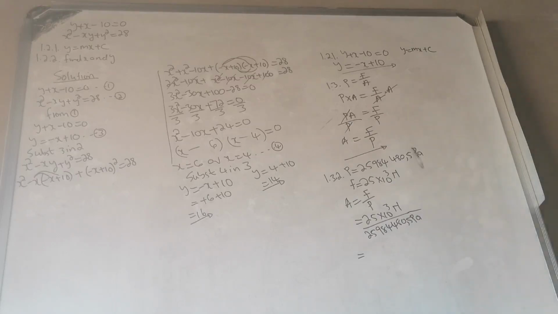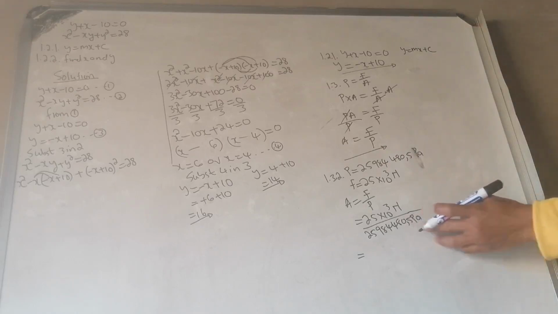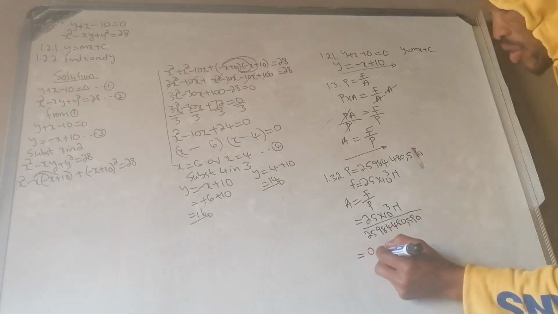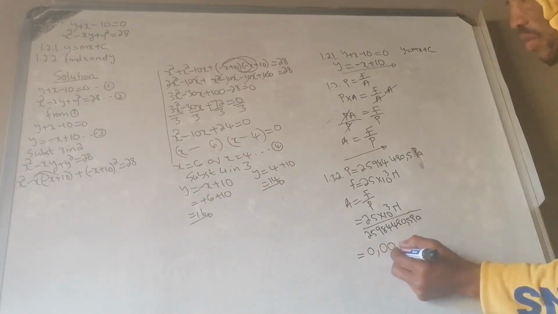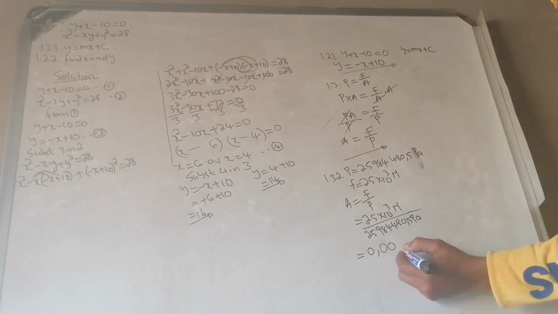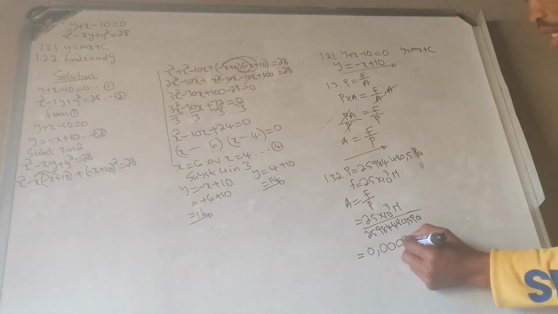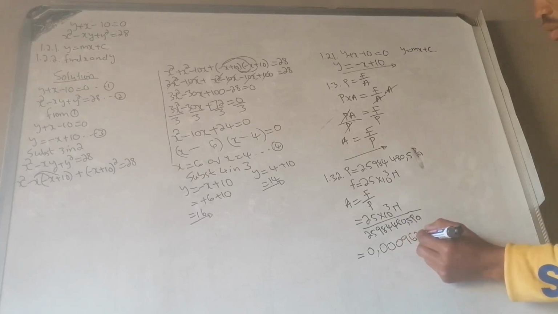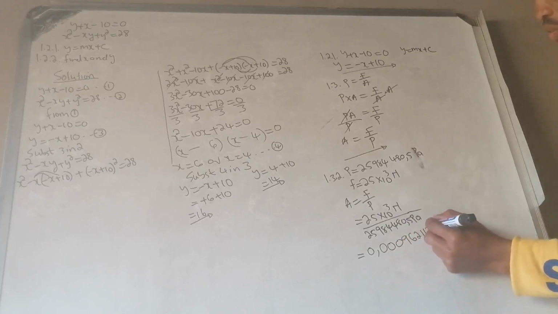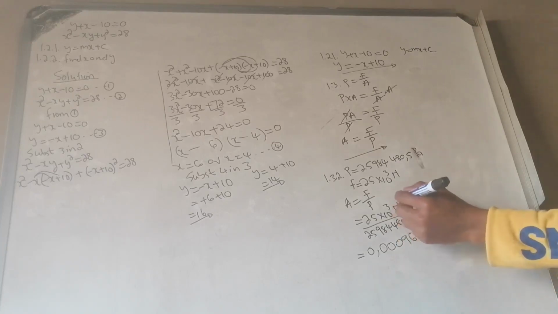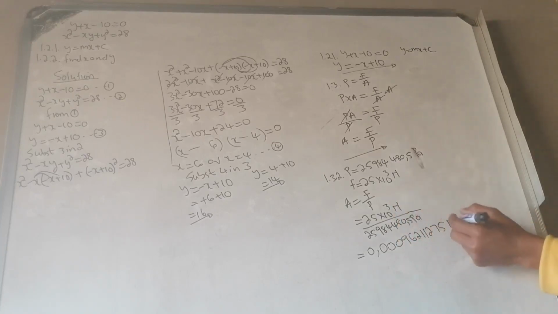The answer is 0.0009611275 Newton per Pascal.